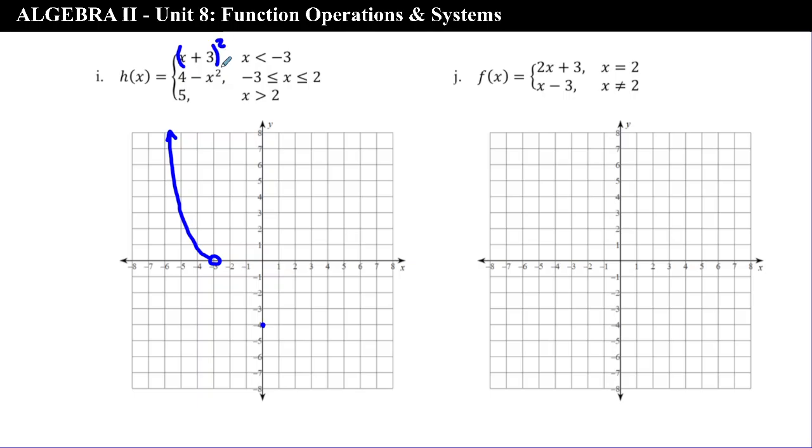Or actually I should say we're translated up. That would be the correct way of looking at this because we're plus 4, right? This is where you have to be careful, plus 4. So we're going up. And then we're going to graph our parabola based on this negative x squared.